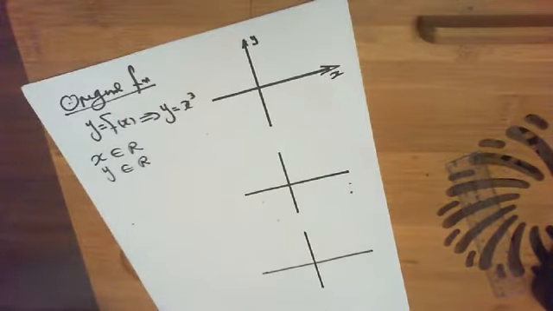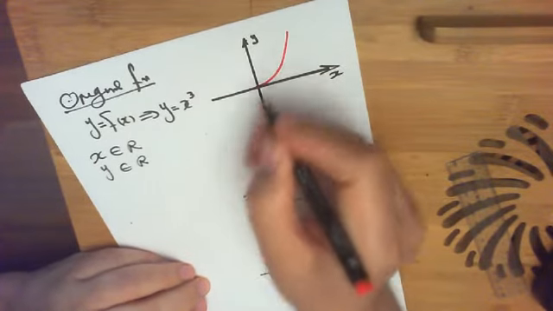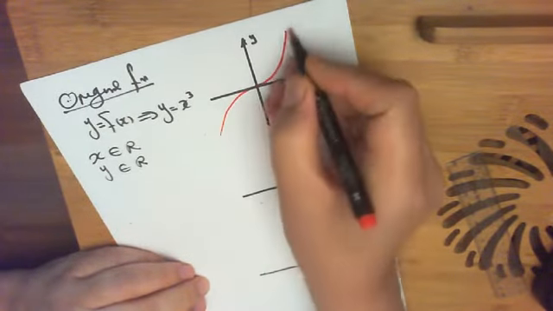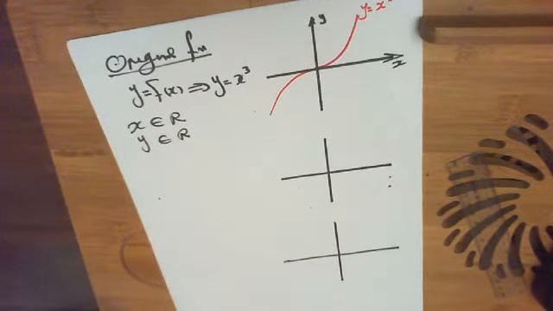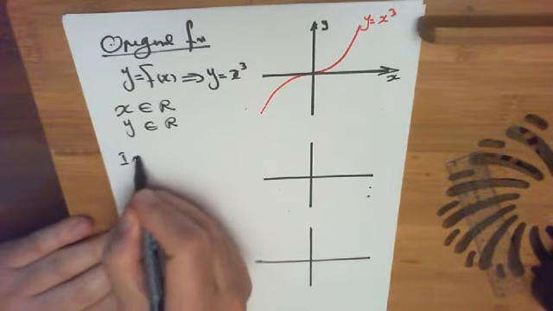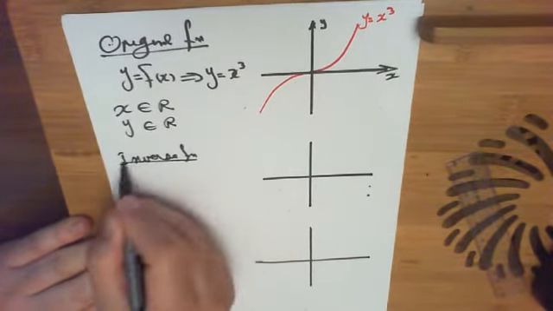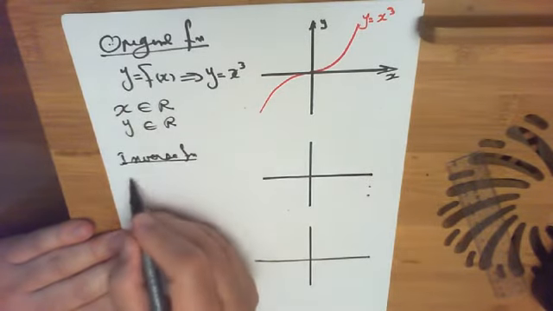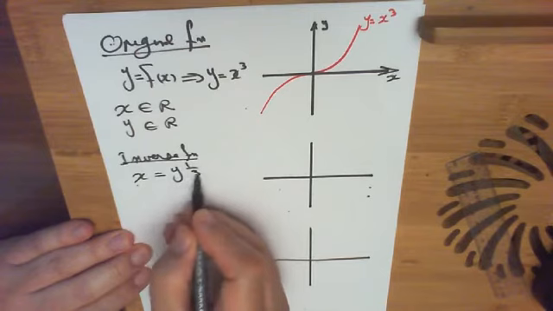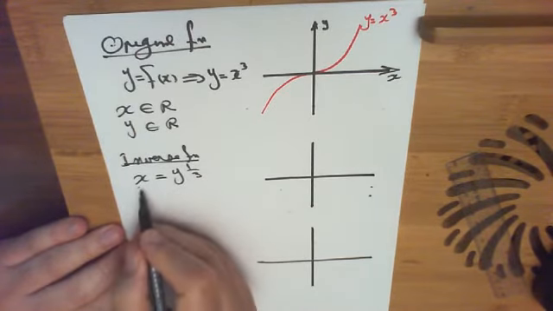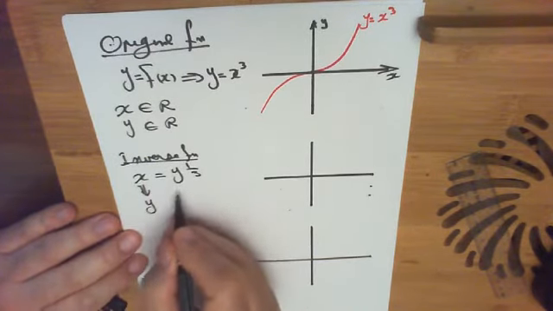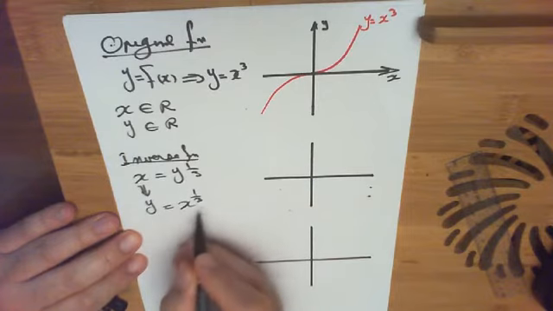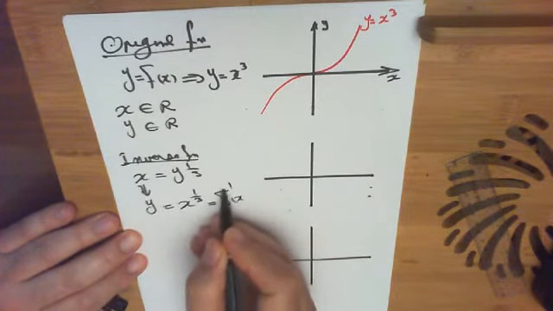Y equals x cubed will be in this form. Now for the inverse function, y equals x cubed, or x equals y to the power 1/3. As we said, replace every x by y, replace every y by x, so we have x to the power 1/3. This is f minus 1 of x.